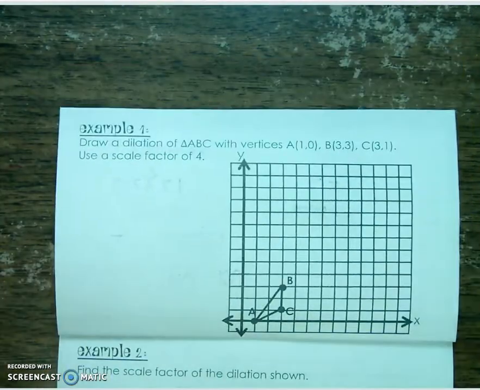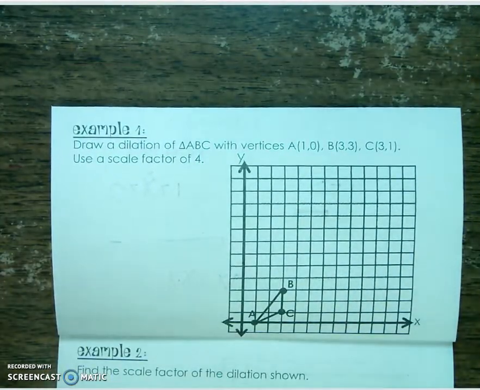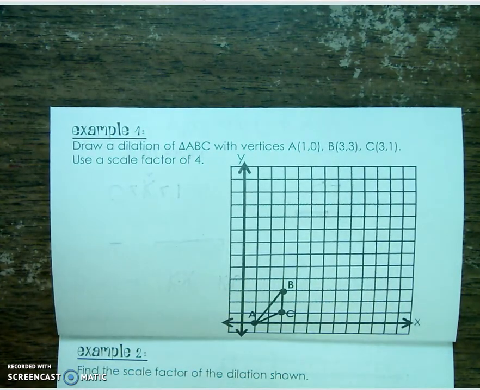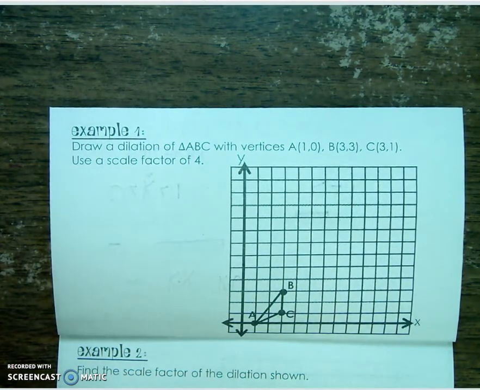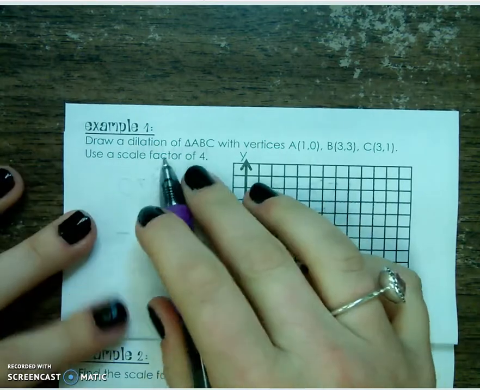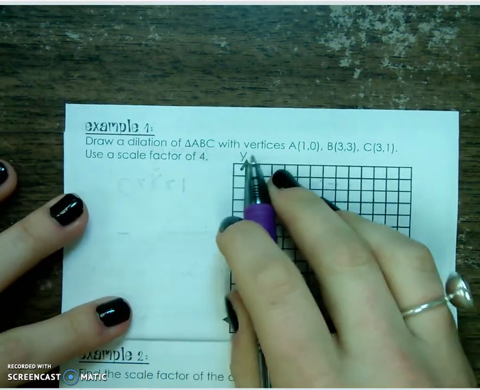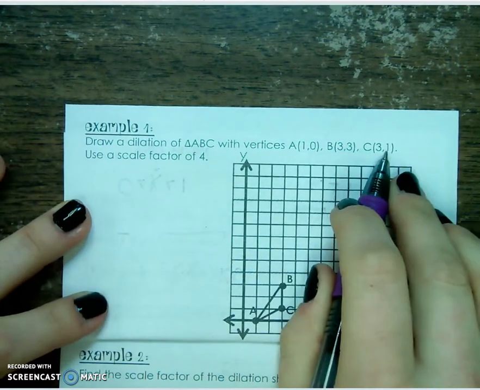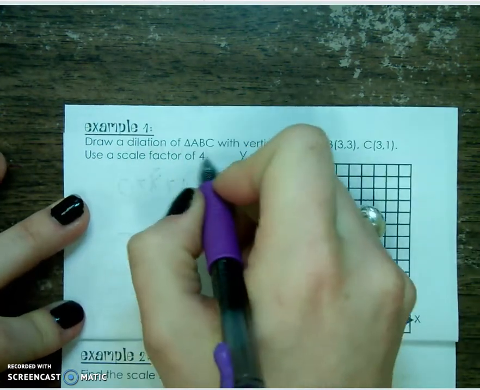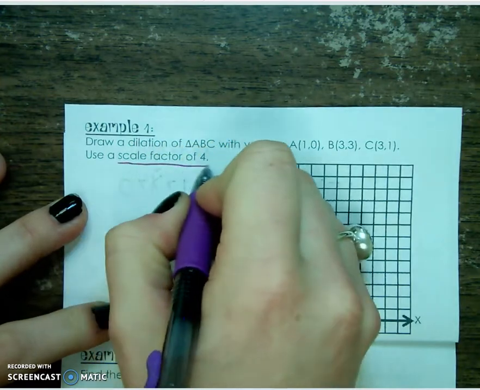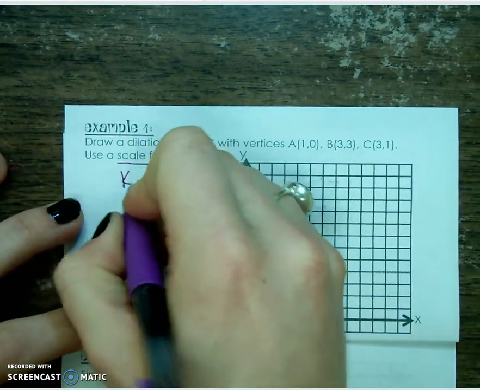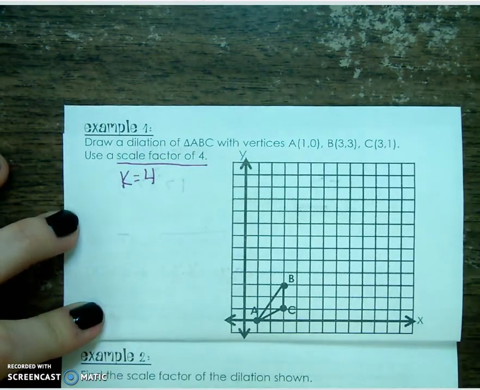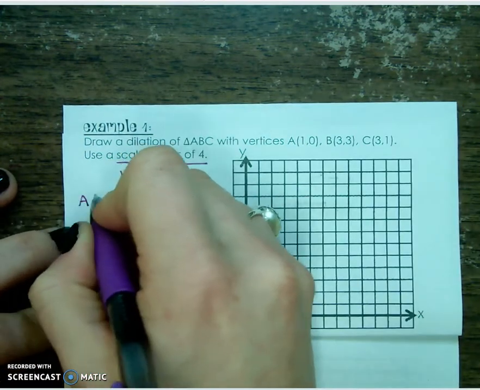All right, so in enlarging a figure or making it bigger, we have triangle ABC. We're going to draw a dilation of ABC with vertices A, B, and C right there, and use a scale factor of 4. So k equals 4. I would rewrite your coordinates.